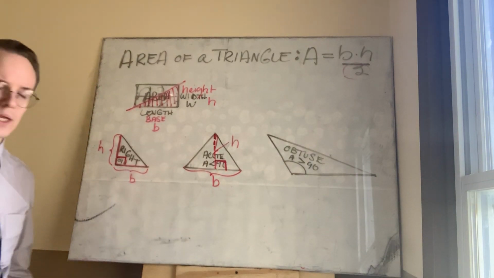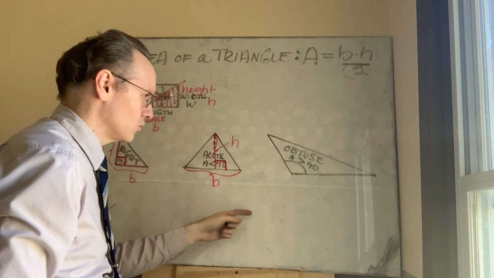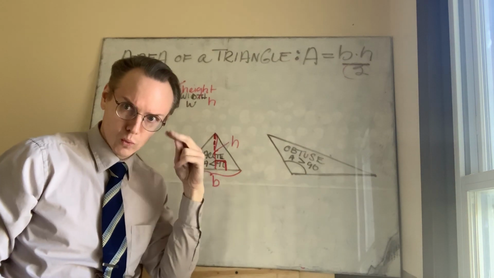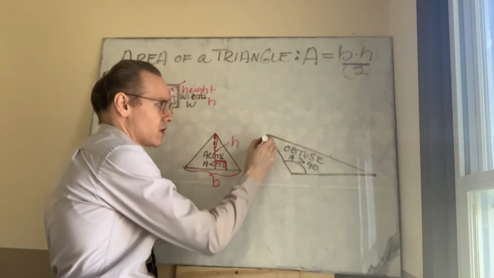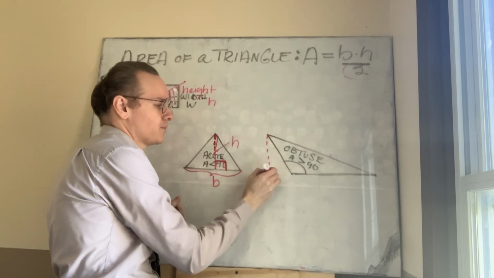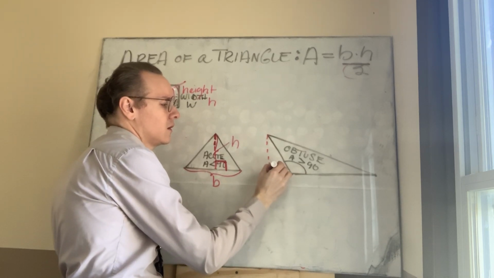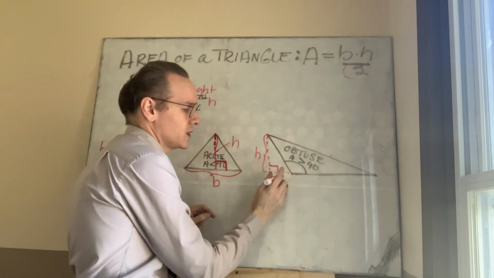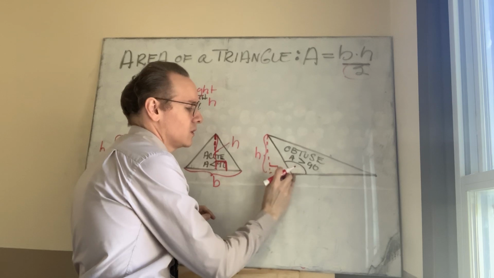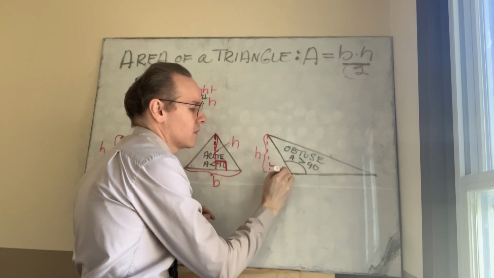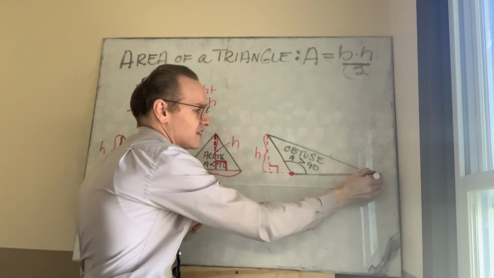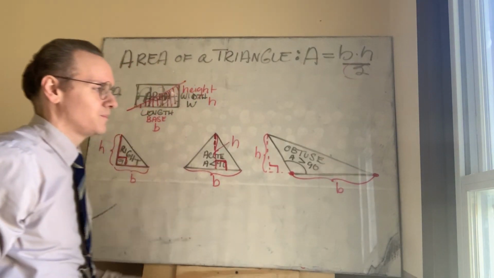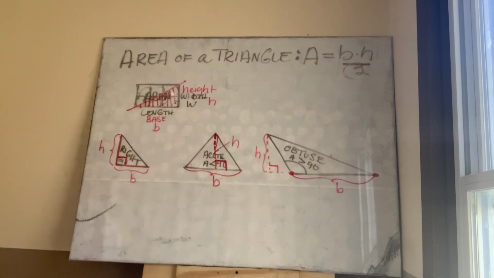In the case of the obtuse type, you would have to do the same thing, but the dimensions that you look for reading the height are somewhat ironically on the outside. So this would be the height of the triangle, and the base would not run along the bottom. I'm going to put dots here just to bound where you should look. The base dimension would be from here to here in that instance.